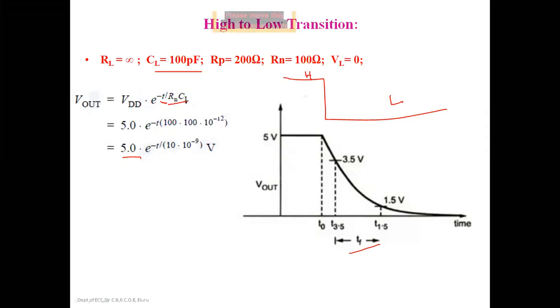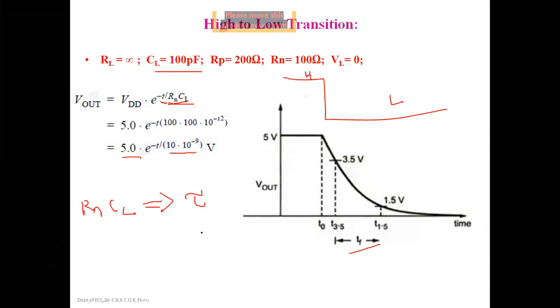And what about the load capacitance? 100 picofarads. So the term Rn and CL is 10 into 10 power of minus 9. The term Rn and CL is nothing but tau, the time constant.